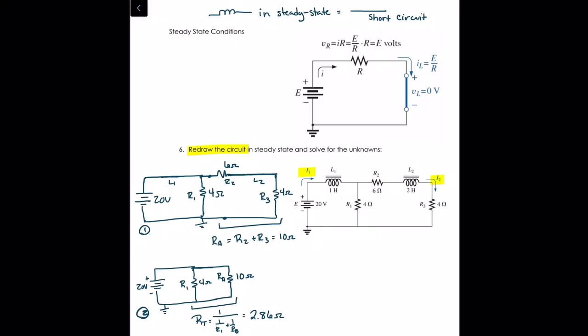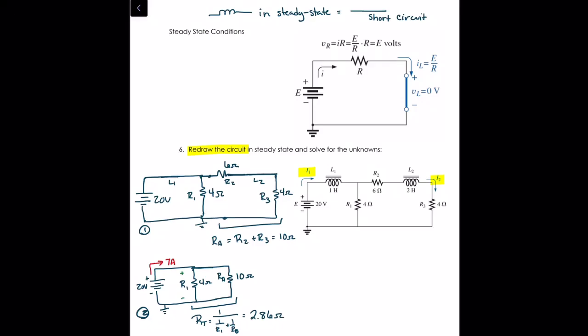I'm going to step back through the circuit just like we learned to do when we analyzed series parallel circuits. So I've got 7 amps here. Now, when we get back to step 2, we have split apart our total resistance into parallel resistors. And we know that parallel resistors have the same voltage drop across them.